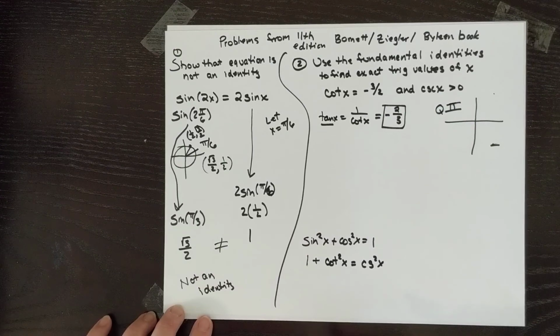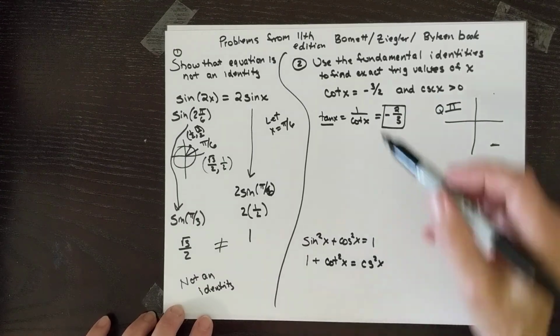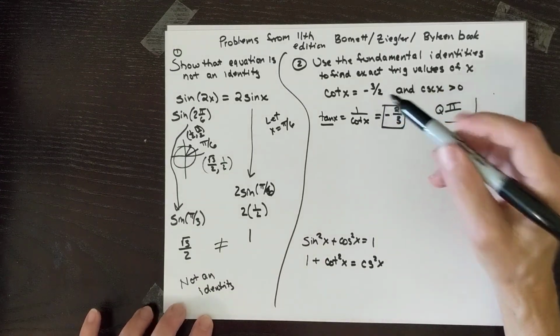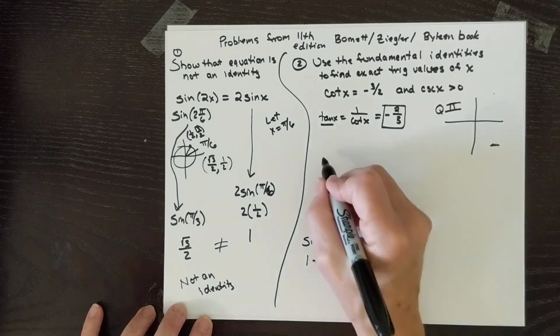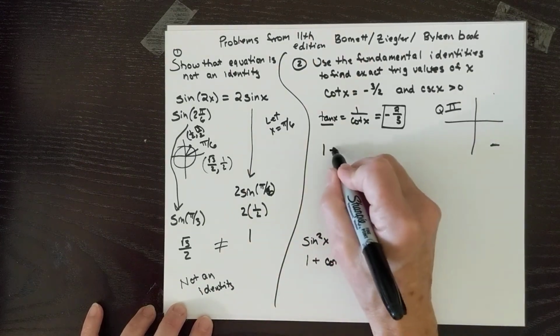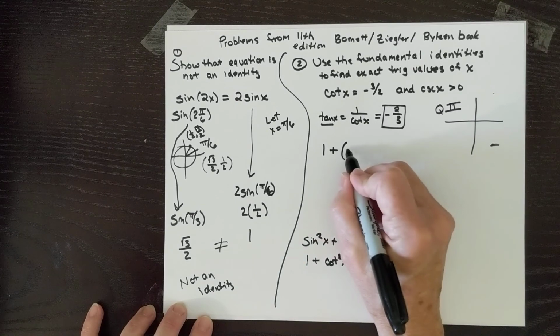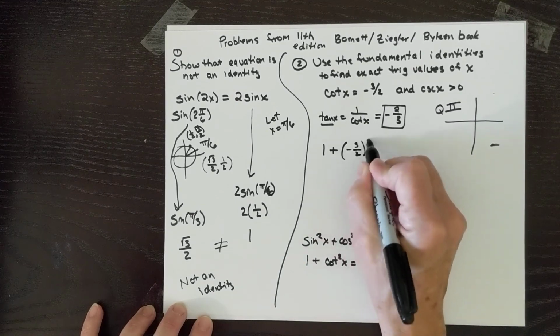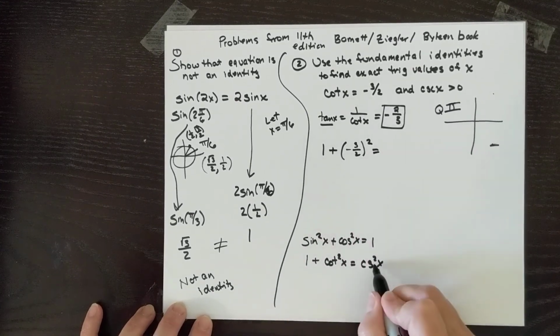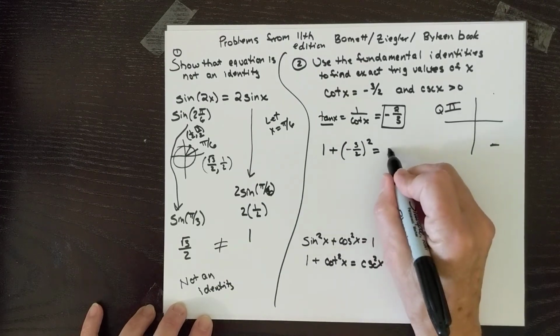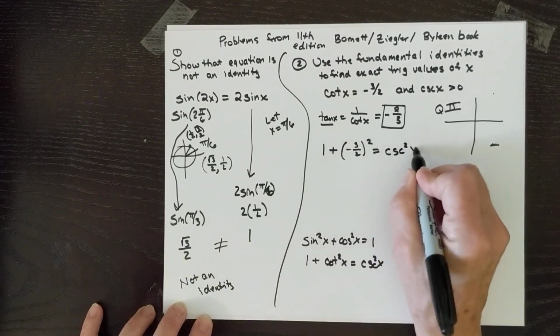And so this gives me another Pythagorean identity. This one's going to be helpful to me because it has cotangent in it, and that's the value that I know. So I'm going to use this expression: 1 plus cotangent of x squared, negative 3 halves squared, is equal to the cosecant squared of x.